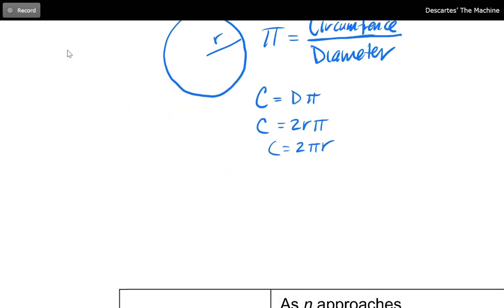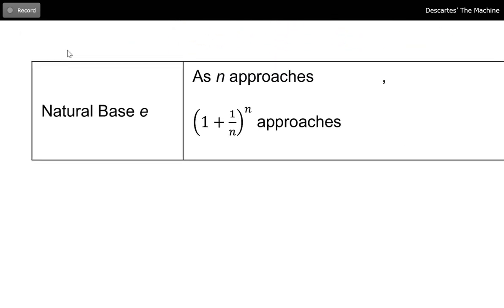That base is called the natural base E. E is just some number, a number like pi. E is approximately 2.71828 and it goes on forever. You cannot write it as a fraction of integers.